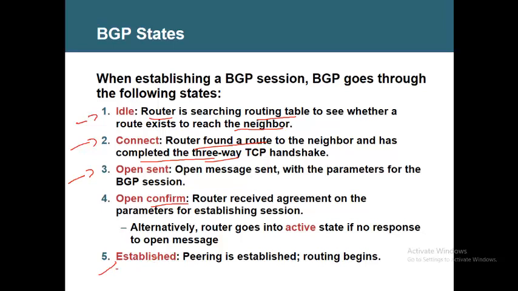But if there is... I was asking about that active. That's what I'm coming to. Listen. The open message is sent. I'm saying, hello, Robert, I want to form a neighbor with you, and you are saying, okay, I can see you are using TCP 179.